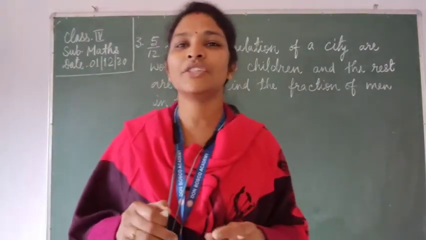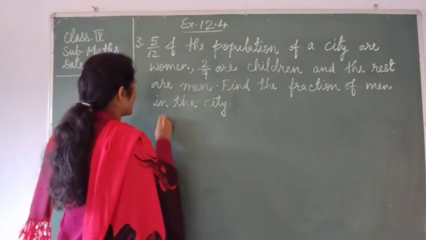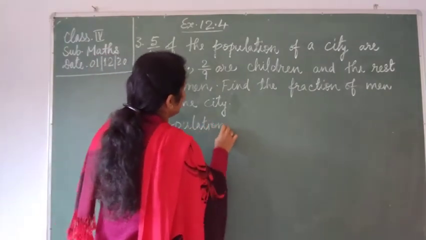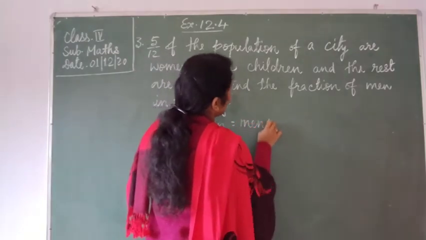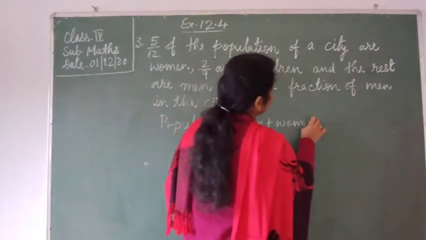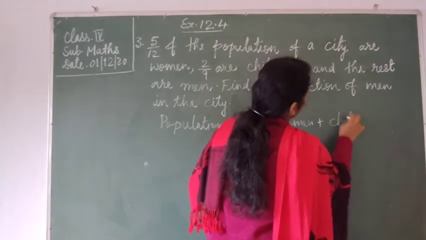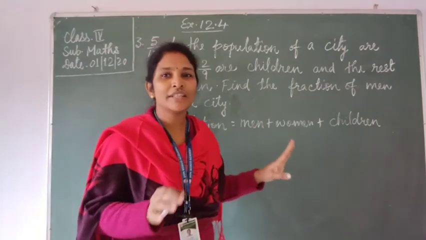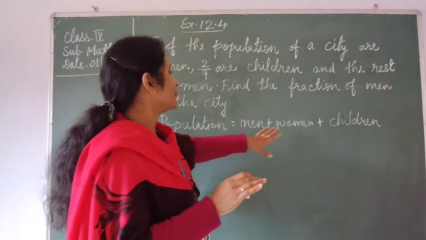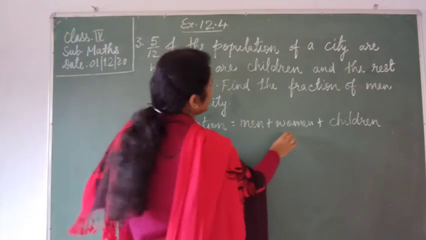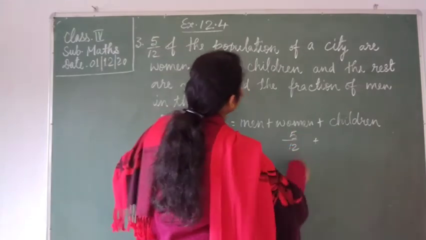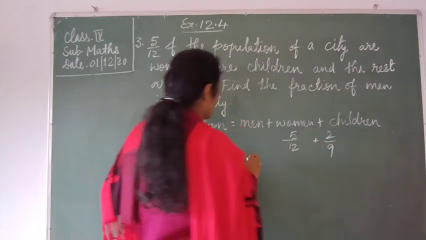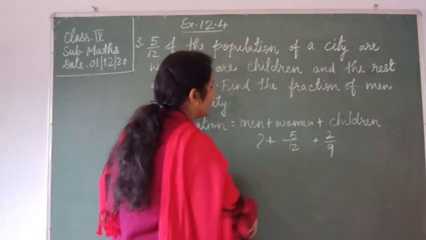We know that population means the number of men plus number of women plus number of children. Now we don't know what the number is, but we know the fraction of women is 5 by 12 and the fraction of children is 2 by 9, and the fraction of men we don't know.